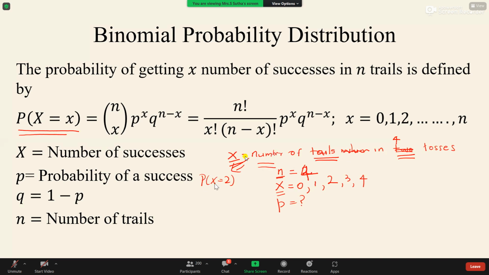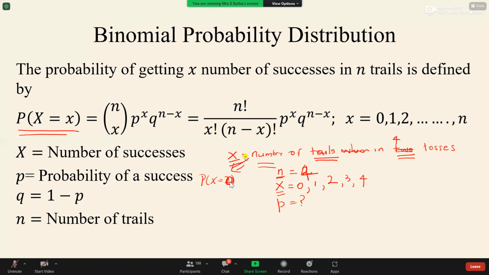So the probability of x equals 2 indicates the probability of getting 2 tails.